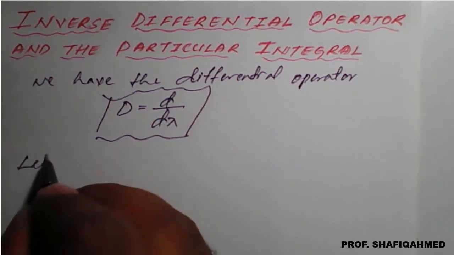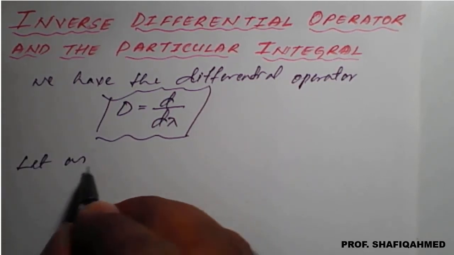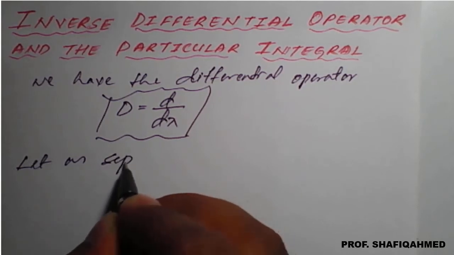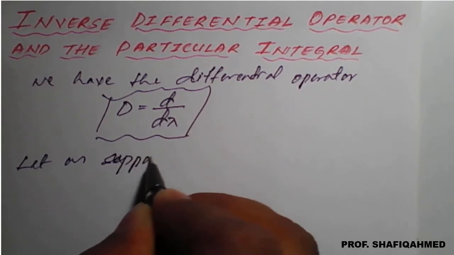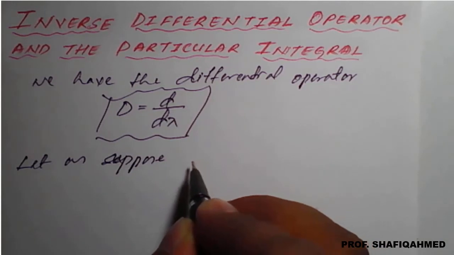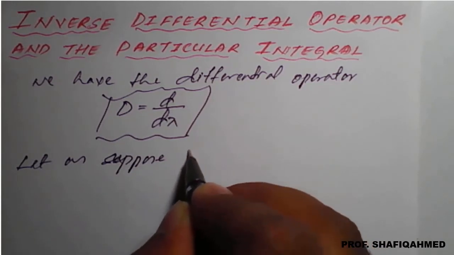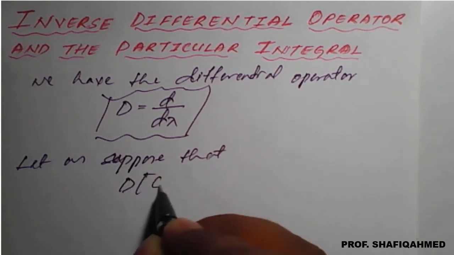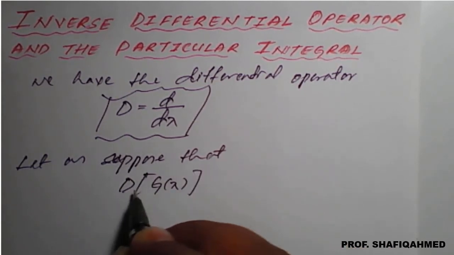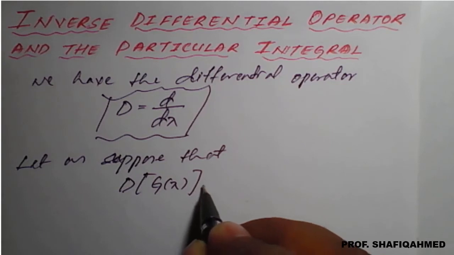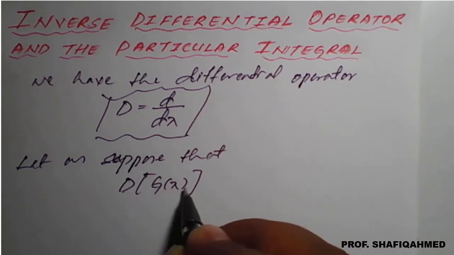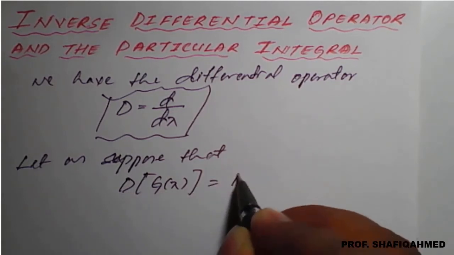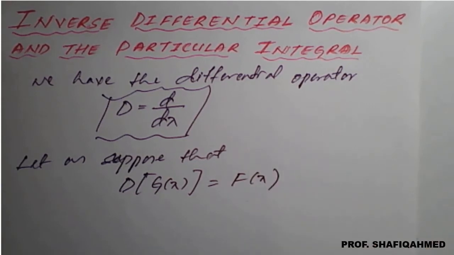So let us suppose that D of g of x. So here D is a differential operator, remember. So D, the differentiation of g of x, is equal to some result f of x.